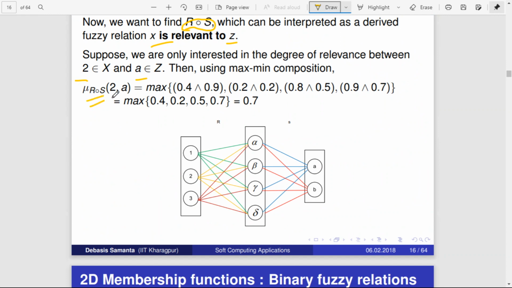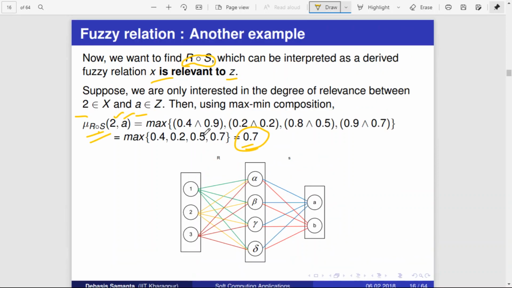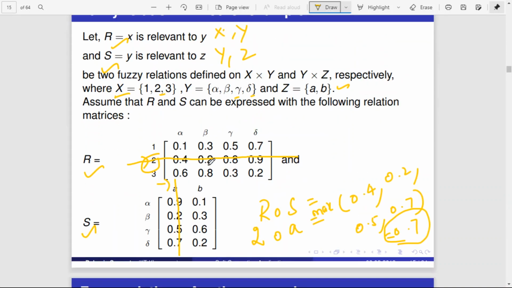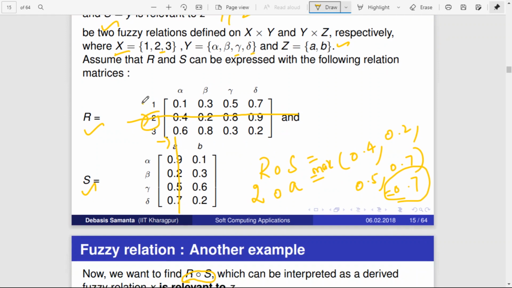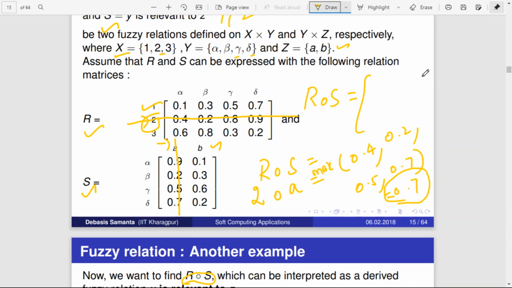So this is how you got it. We are only concerned with 2 and A in the composition R composition S, so the value is 0.7. Is it clear? Like that you can calculate for anything else. For example, you can also calculate how 1 and B are related: take the first row and this column and calculate. The full R composition S will give the full matrix, which gives the full relation.